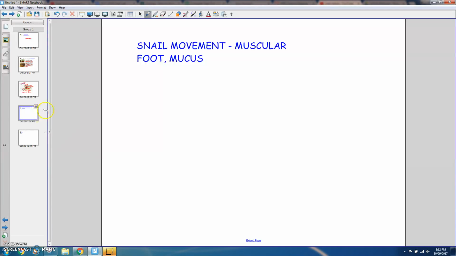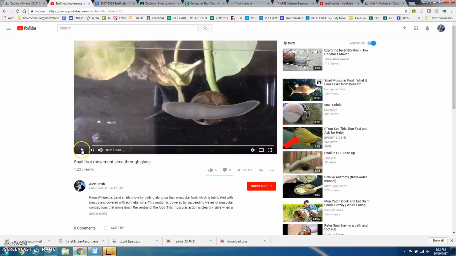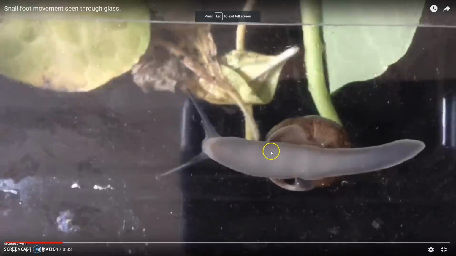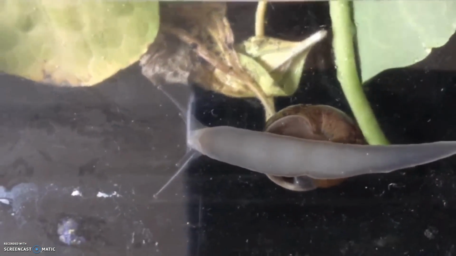Now, as far as snail movement, in our lab we're going to be looking at how they move about. There are a couple of things that make it very easy for them to move about. The first thing I want to show you is this video footage of a snail gliding along on glass.